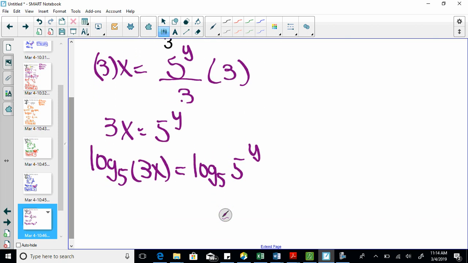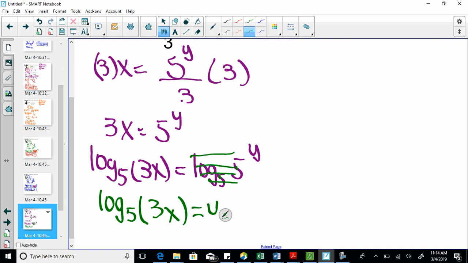And once again, log of base 5 of 5 on this side, they're both the same base, so they cancel each other out. So I have log of base 5 of 3x equals y. This is nice.